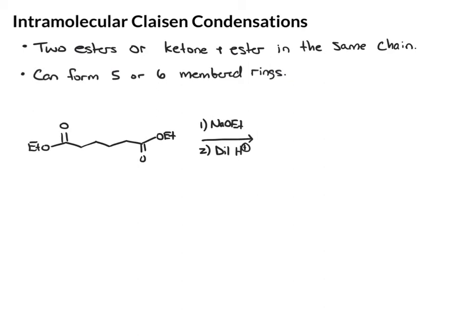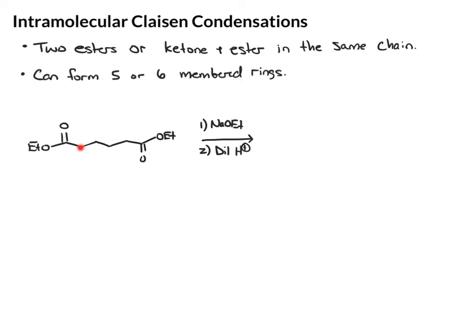Here's an example where we have two esters in the same chain. It's symmetric, so it doesn't matter which one we choose to work with as the enolate. But what you want to do before you ever start is just highlight an enolate carbon and then count to the other carbonyl and see if that will give you a 5- or 6-membered ring.